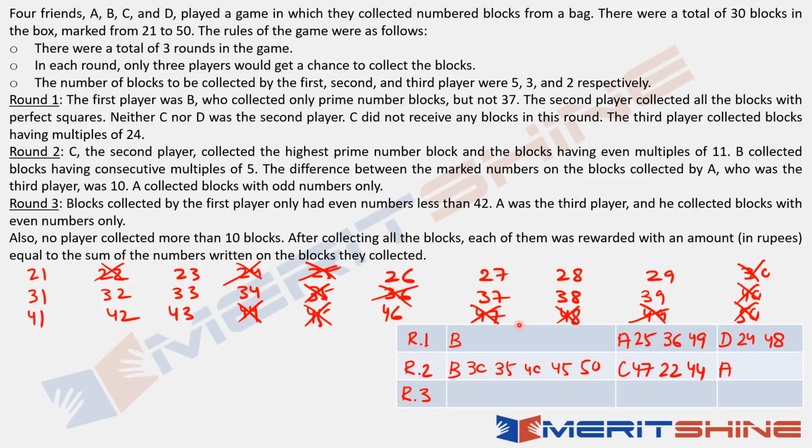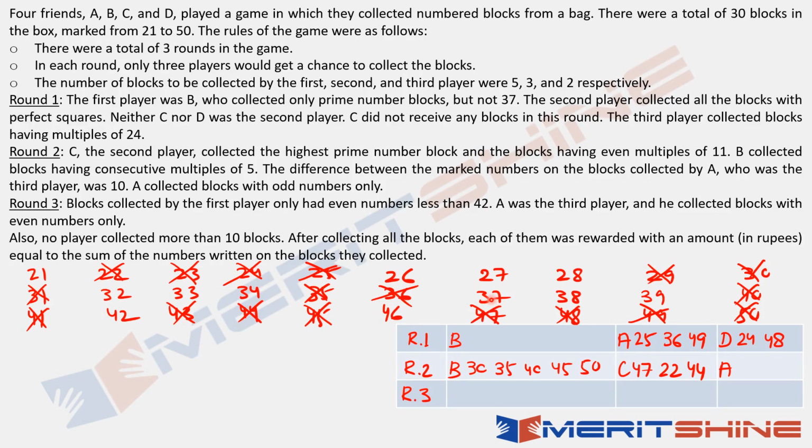Then all these are cancelled, and then 41 and 43. Now did you understand? There are just 5 prime numbers left here. So I'll just cancel them very quickly. 23, then we straight away go to 29, then 31, 41 and 43. We have skipped this 37 because it's written here, who collected only prime number blocks but not 37.